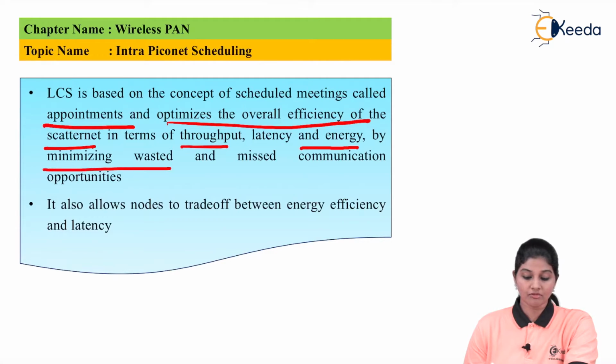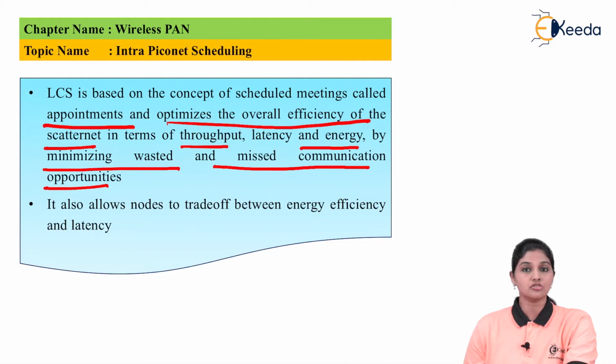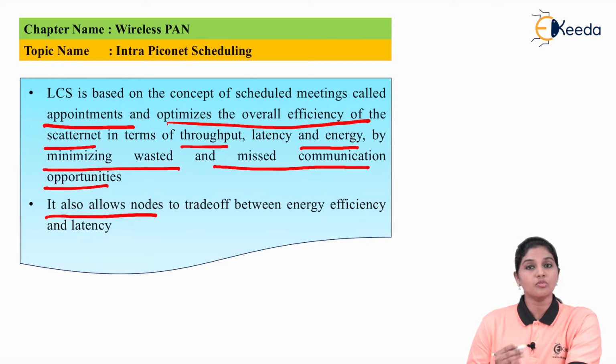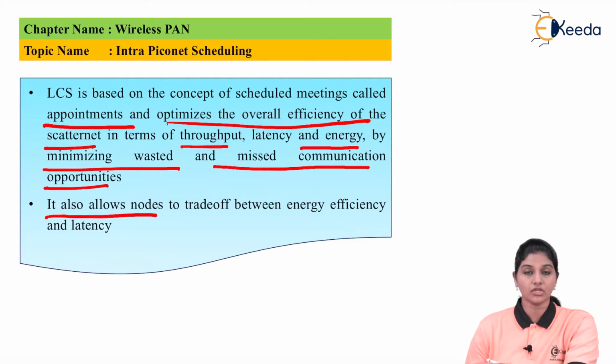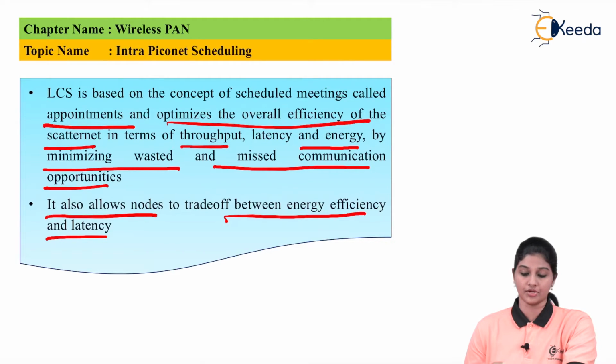By minimizing the wastage and missed communication opportunities through the analysis of these parameters, it is possible to reduce the chances of missed communication and reduce the wastage. It also provides a trade-off between energy efficiency and latency. That means energy conservation and delay in the communication process are also considered major parameters.